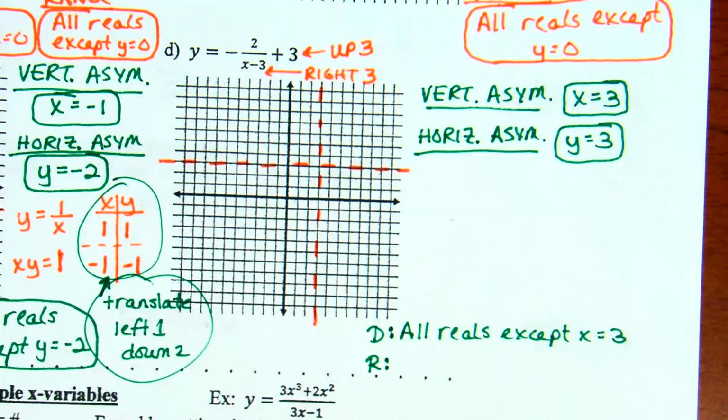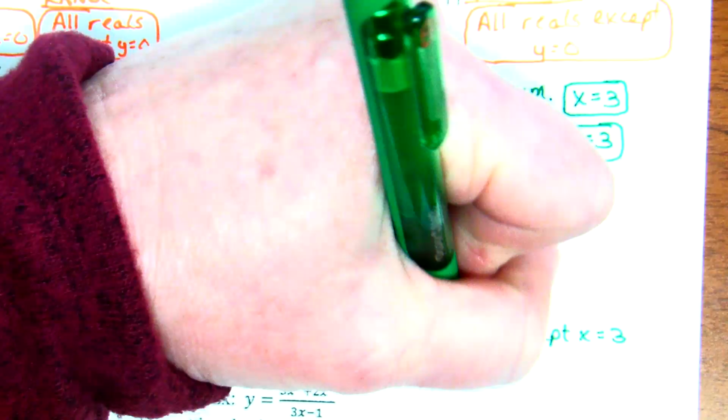So all reals except X equals 3. Range. What's the one range value we can't have? Y equals 3. So, all reals except Y equals 3.